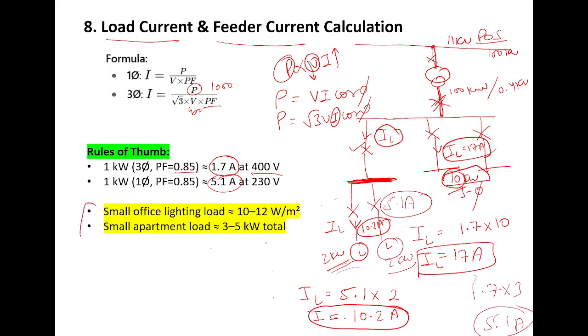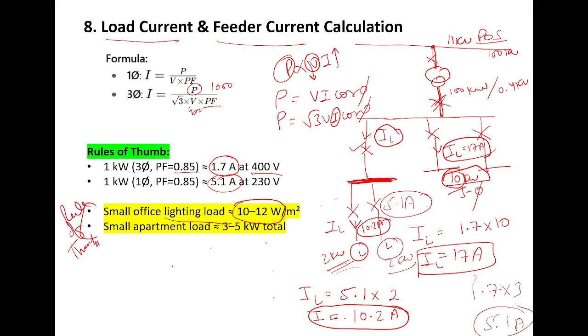Now coming to these two points, these are your rules of thumb. If you are designing a small office building, you can consider a lighting load of 10 to 12 watts per square meter.